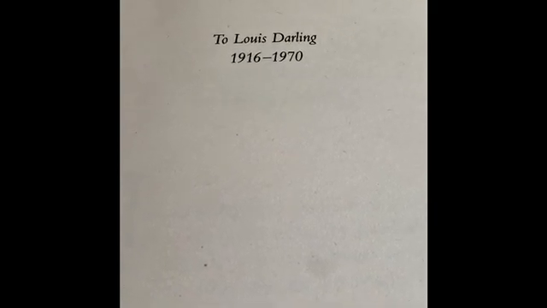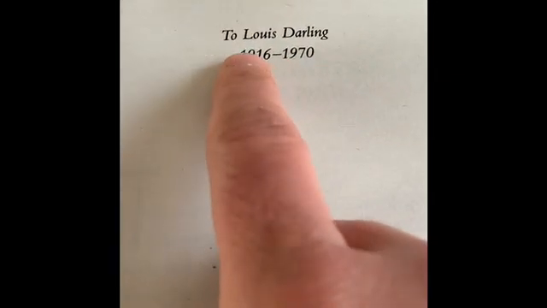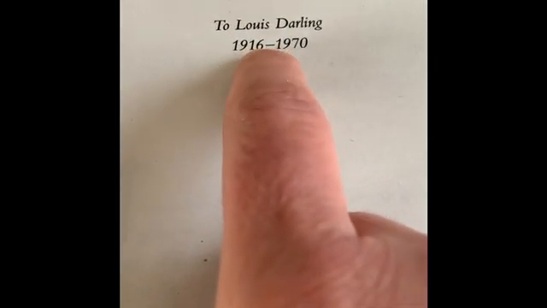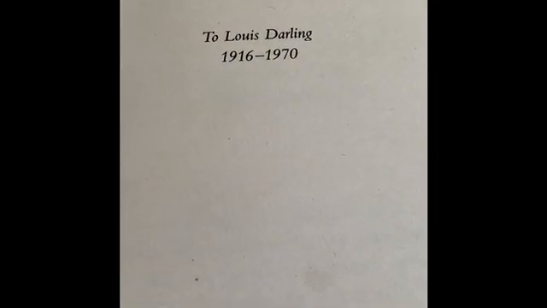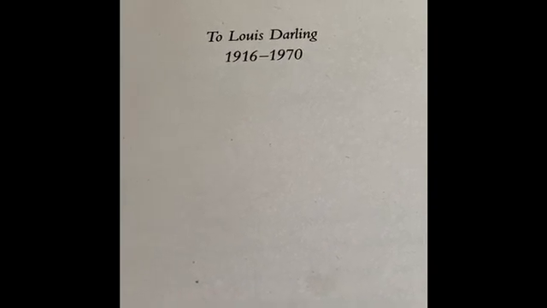In fact, he isn't. When you see 2 dates like this, with this dash written in the middle, this tells the years in which the person lived. So Louis Darling was born in 1916 and died in 1970.